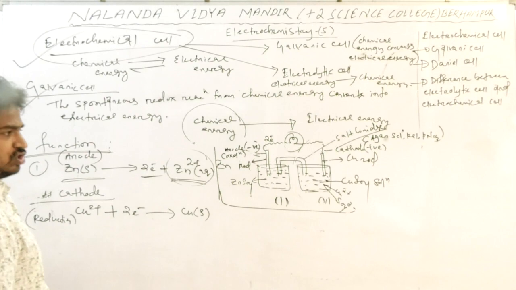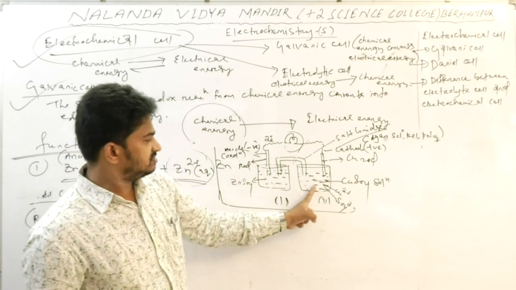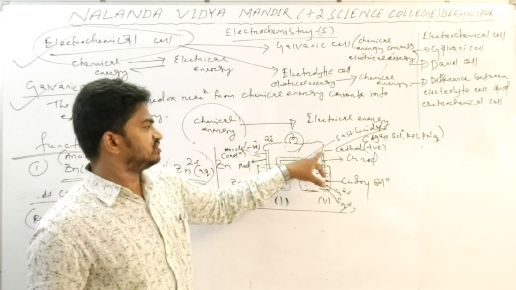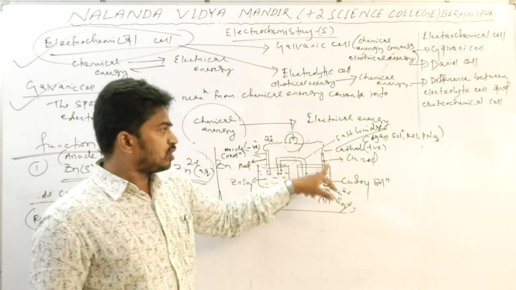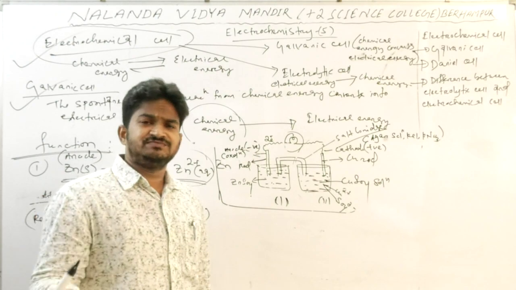But in the case of the cathode, when copper 2 plus ions from the copper sulfate solution are deposited over the electrode, an excess of positive charge is there on the copper rod.